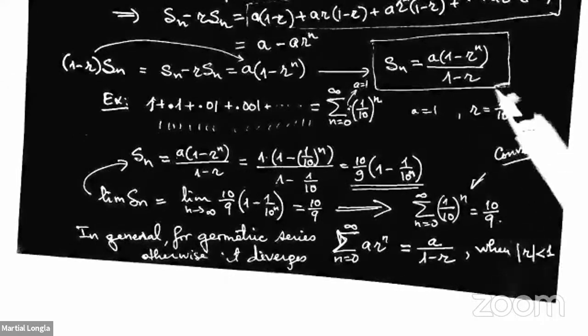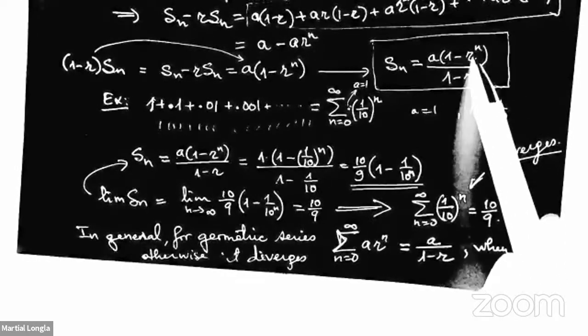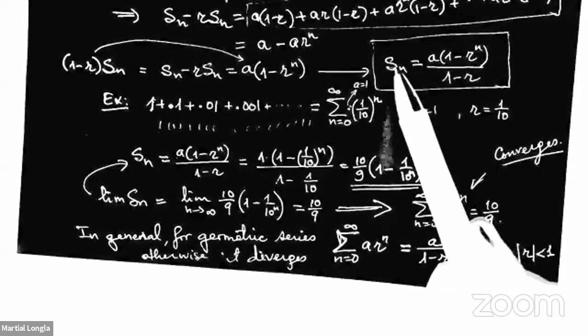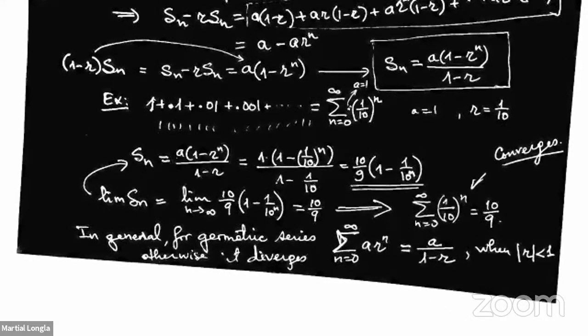Because when you take a number that is less than 1 in absolute value and you multiply it by itself infinitely many times, it gets so small that it goes to 0. Right? So that would be 0, 1 minus 0, 1 times a. So the limit is a over 1 minus r, which is what I wrote here.